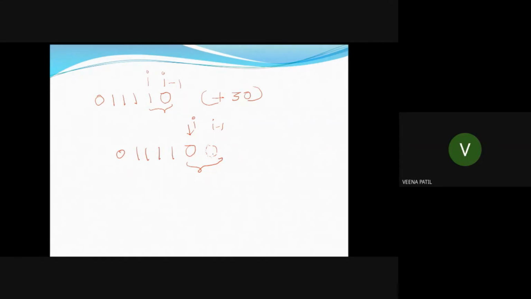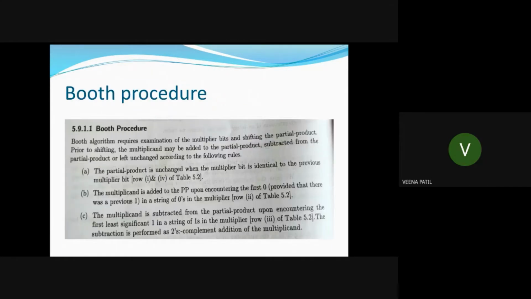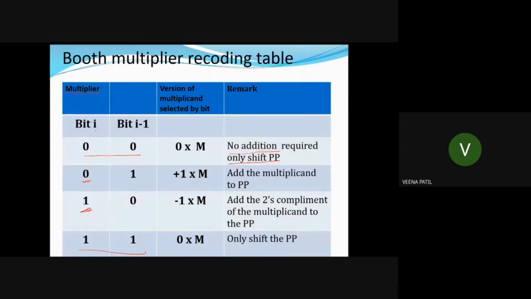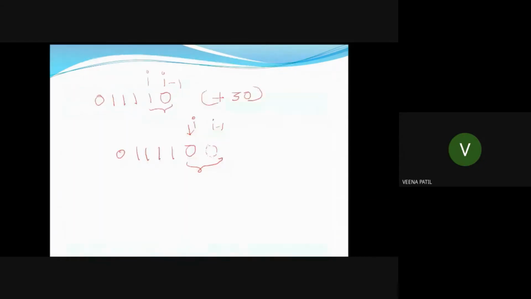Now if you see these two bits in the table, ith bit and I minus 1th bit, if both the bits are the same, that is both are 0, 0, what am I supposed to write? I am supposed to write the new multiplier as 0. Right? So I will just replace this as 0.